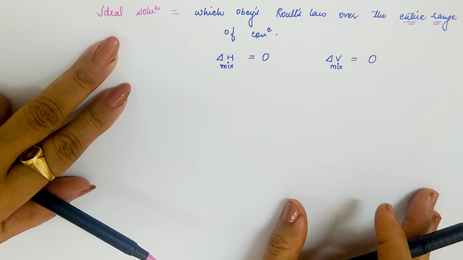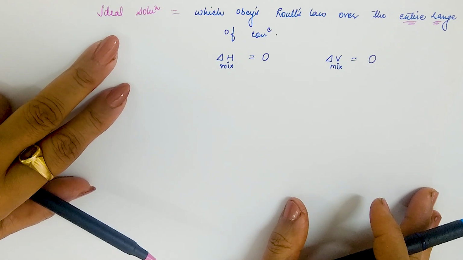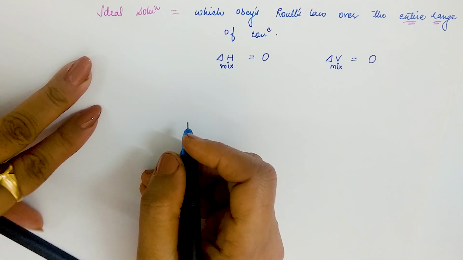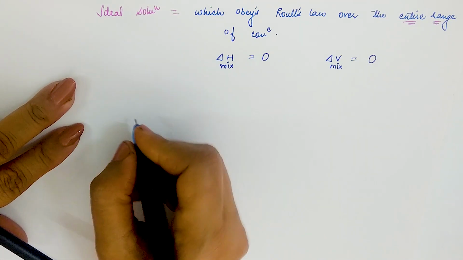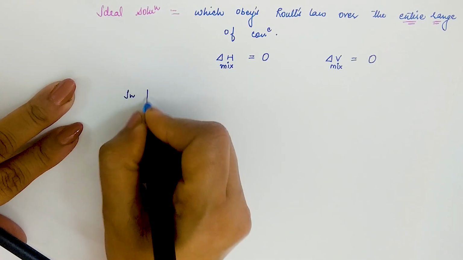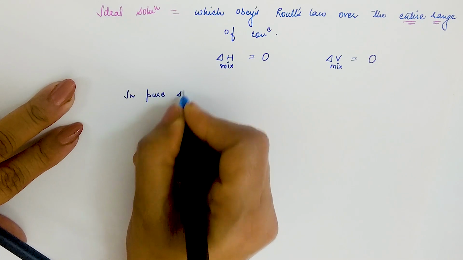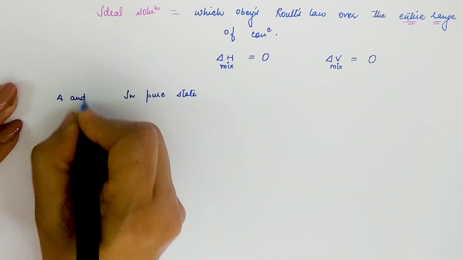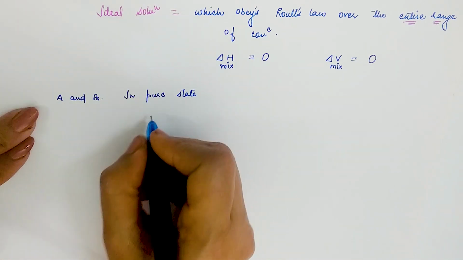Now this type of solution is very difficult and it is very rare also. But still we can explain it. Suppose there are two components A and B in the pure state.